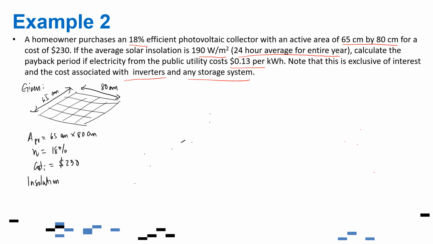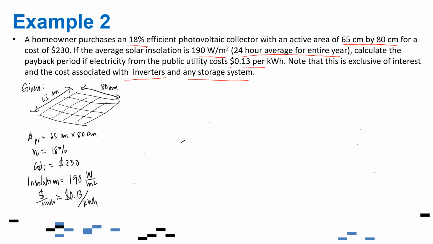So insolation is around 190 watts per square meter, and this is an average of 24 hours for the entire year. And then the cost of electricity, in dollars per kilowatt hour, which is 0.13 per kilowatt hour.